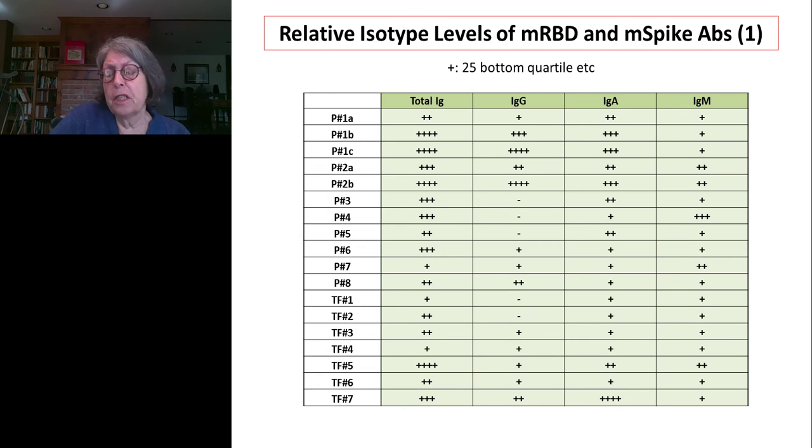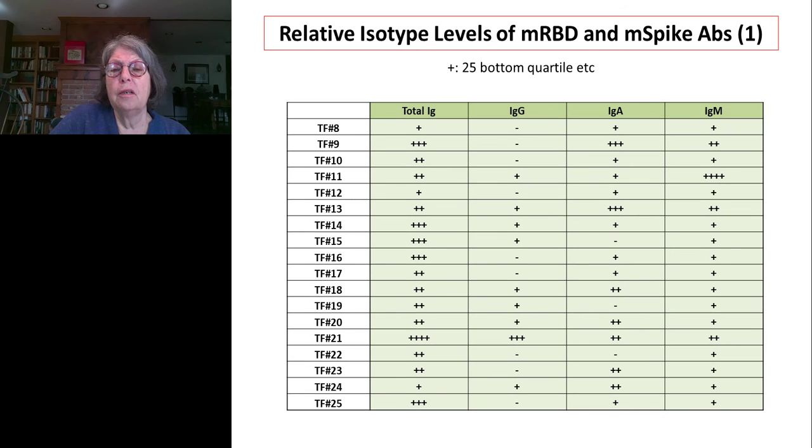For the rest of the specimens, if you look at TF number 9 in the second row, you can see that the major response is IgA. If you look at TF number 11, the major response is IgM, etc.